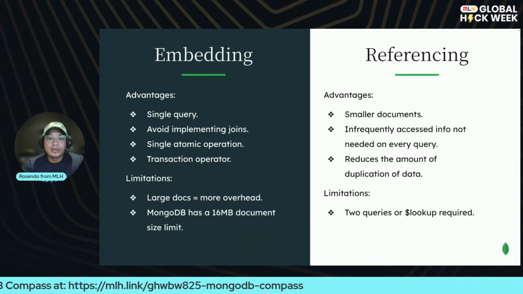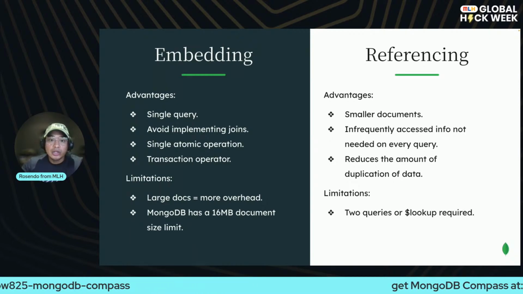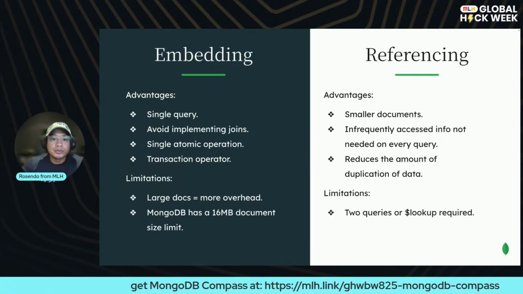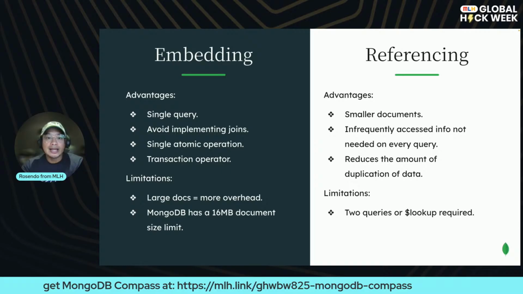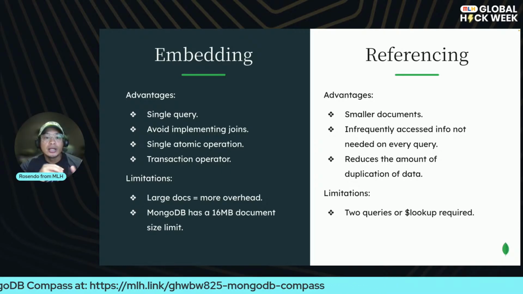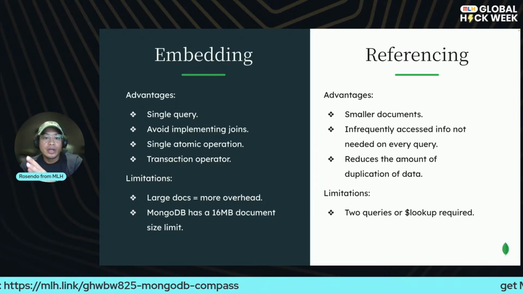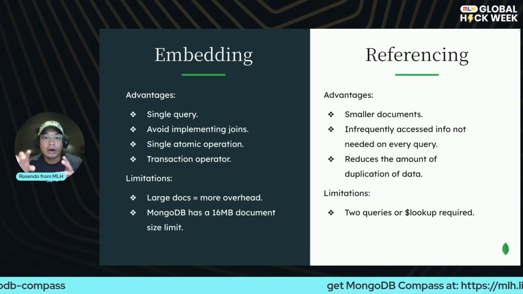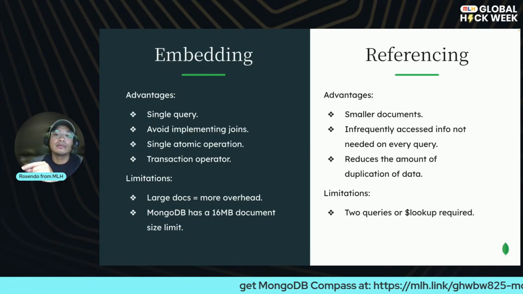For embedding, some of the advantages are you can retrieve all relevant information in a single query. You can avoid implementing joins in application code or by using $lookup. And it's also possible to update related information as a single atomic operation. So keep in mind, by default, all CRUD, or create, read, update, delete, operations on a single document are ACID compliant. And I've talked about ACID before.